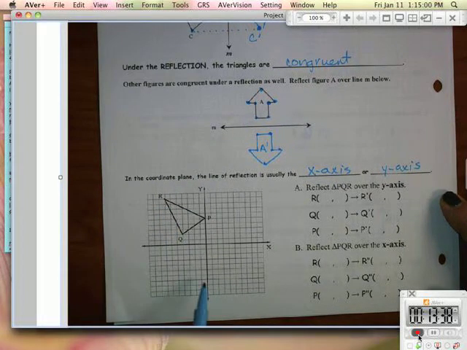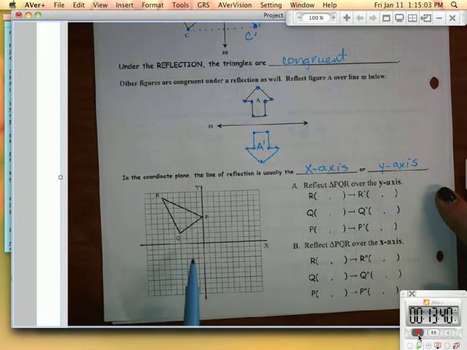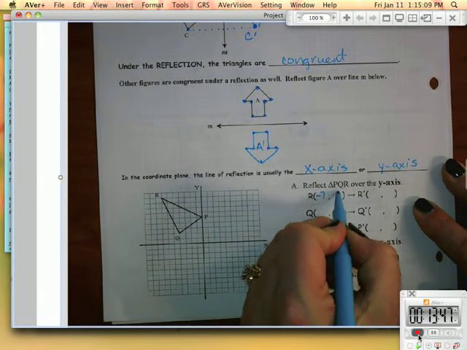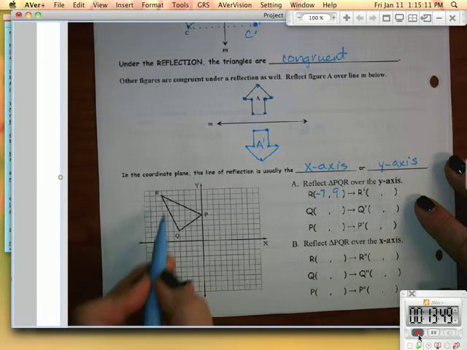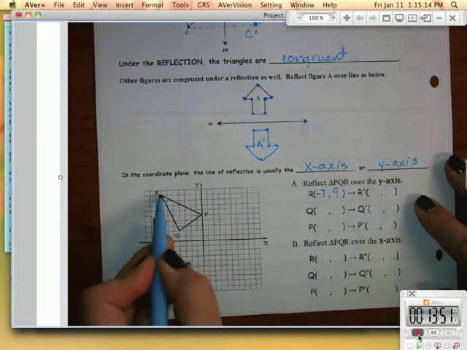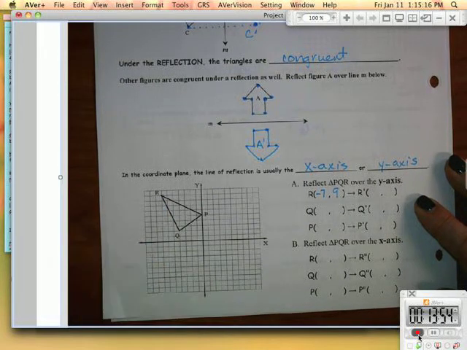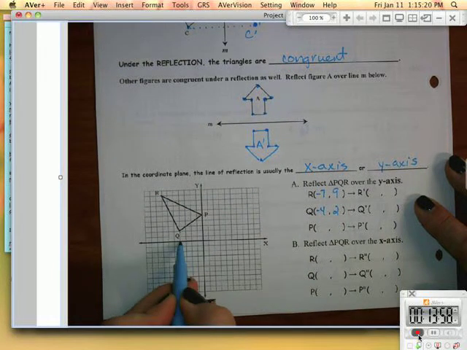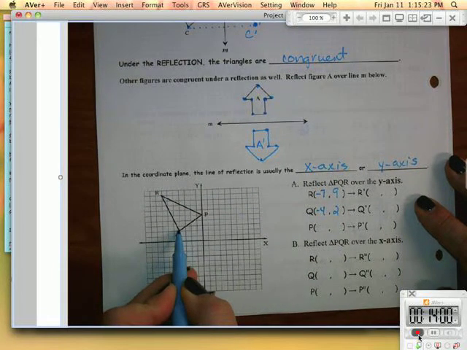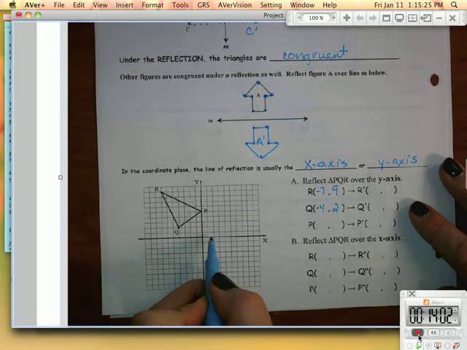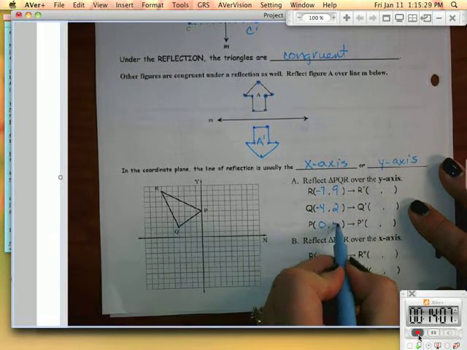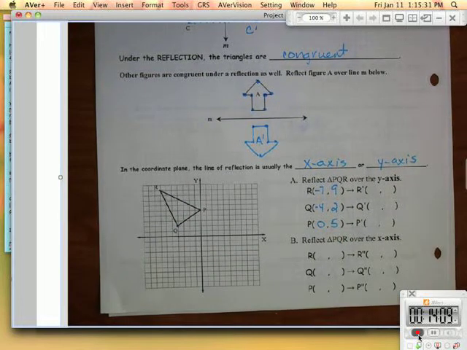First I need to write the coordinates of R, Q, and P. R is (-7, 9): I went -7 and up 9. Q is (-4, 2): -4, up 2. And P is (0, 5): I'm not going anywhere on the x-axis, and I'm going up 5 on the y. Those are my original points.